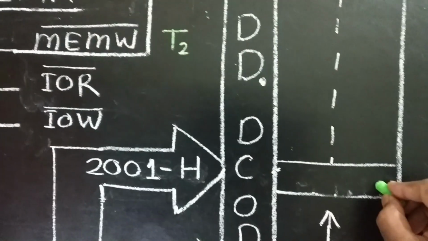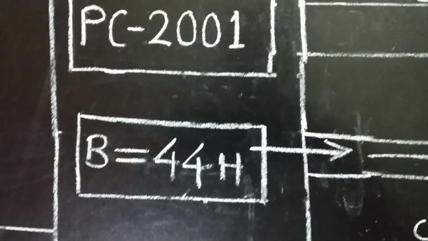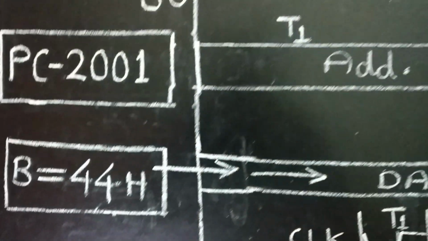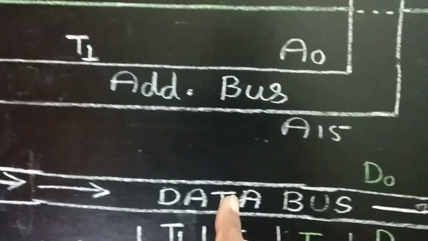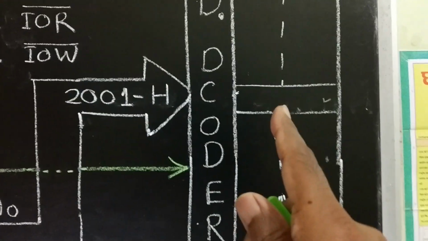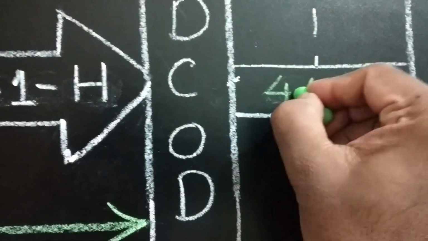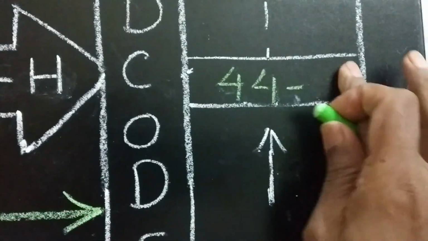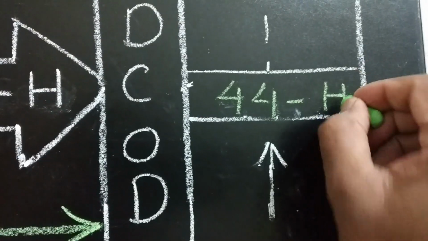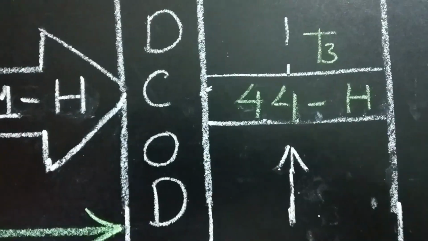And thus at T3 timing, the data content of register B will be transferred through the data bus D0 to D7 into the memory, and this memory content will be 44H at the end of T3 timing.